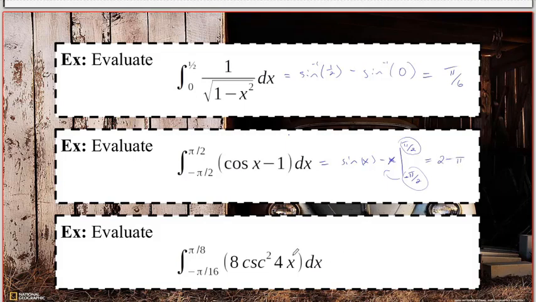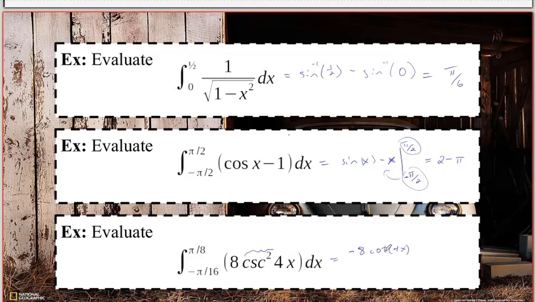And then here, think about what an antiderivative for cosecant squared is. Well, that'll be cotangent, except we're going to need to be negative. So this will be negative 8 cotangent of 4x. But of course, an antiderivative requires that when you take the derivative of it, you get the original function.